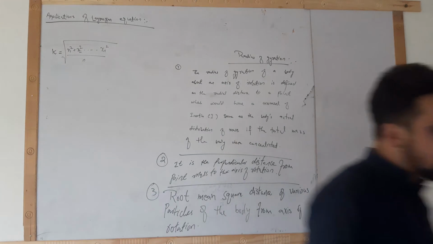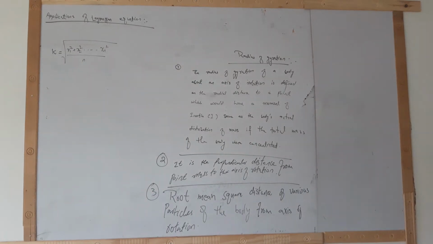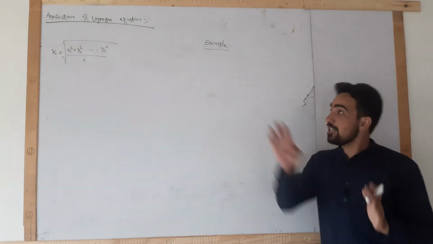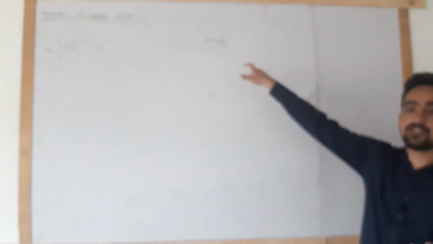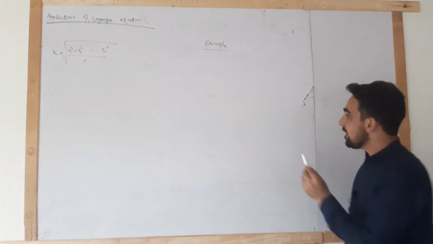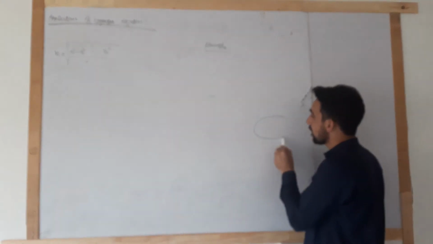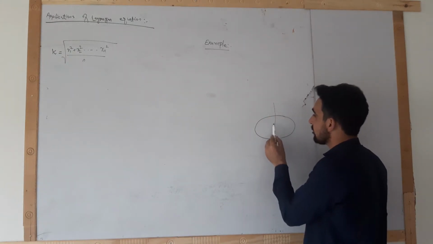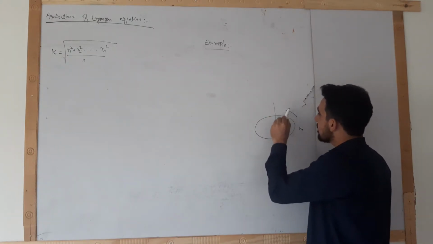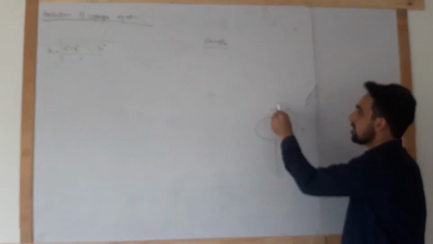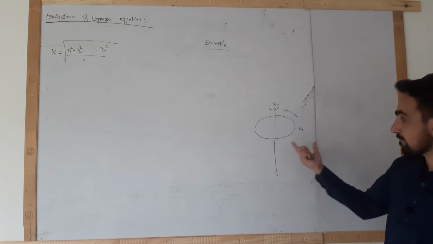So let us understand this radius of gyration from an example. We have a disc whose mass is m, and this disc is rotating counterclockwise around this axis of rotation.